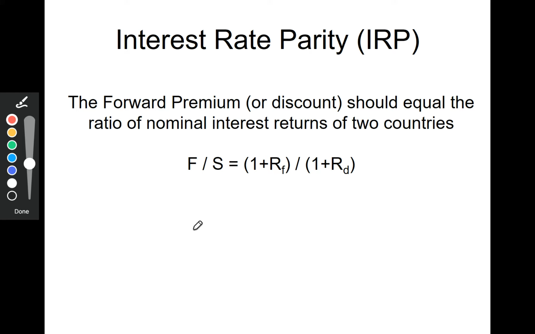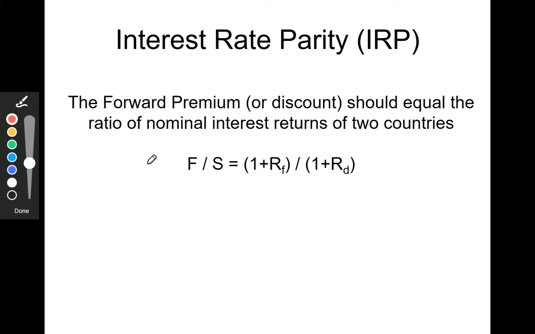I promise you to focus on every word, so let's do that. First, this word nominal. The word nominal is opposed to the word real. So you have nominal interest rates and real interest rates.